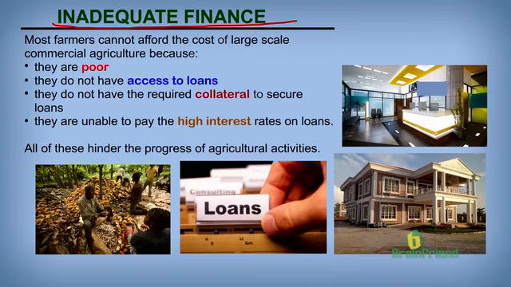And the reason why this is so is because most farmers are poor, they do not have access to loans, they do not have what it takes as the required collateral to secure bank loans. And sometimes they are unable to pay the high interest rates on loans. All of this hinders the progress of agricultural activities in Nigeria.